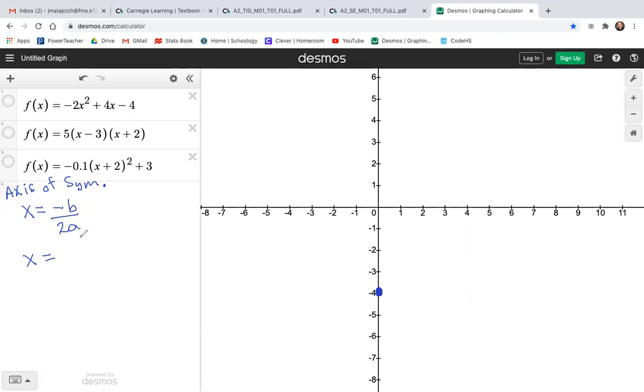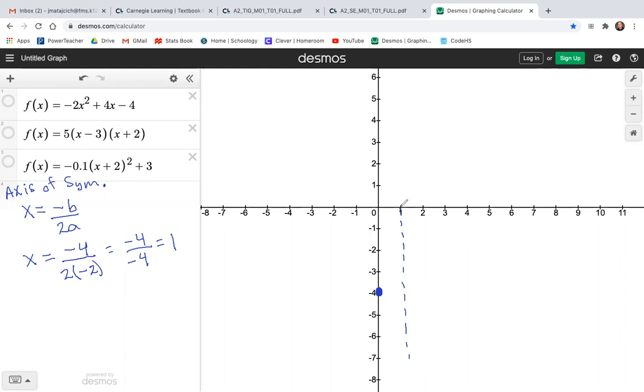So I'm doing negative the value of my b term, which is 4, divided by 2 times the value of my a term, which is -2. Okay, so that becomes -4 divided by -4, which simplifies to +1. All right, so I know my parabola reflects off of this line.